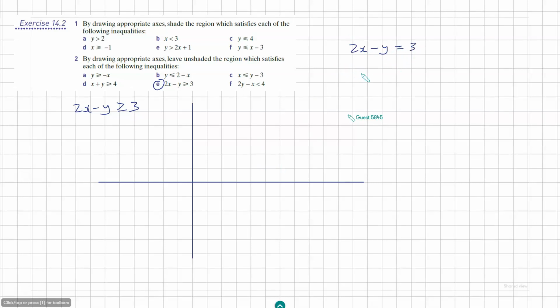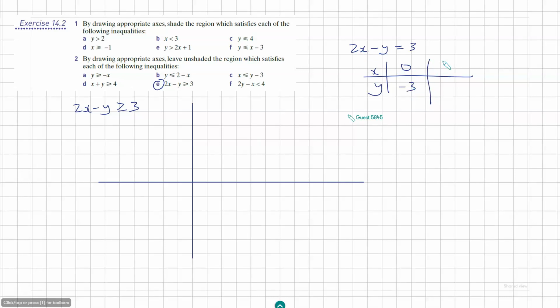So your table will look like this: x, y. When x is 0, just substitute x equal to 0, and y is negative 3.